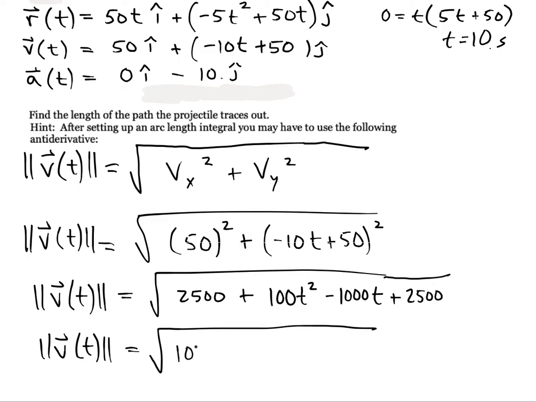So that's 100t squared minus 1000t plus 5000.